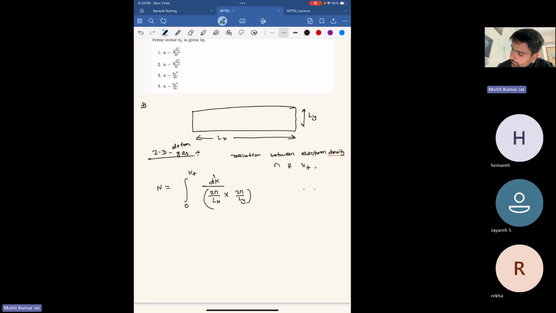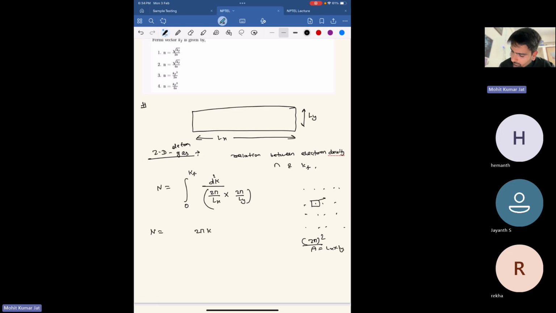So if I draw it like this, these are the available states. To put one state, you require (2 pi) squared by area, where the area is Lx times Ly, the area of this rectangle box. So d2k I can write, as in a circle, the area element is 2 pi k dk.